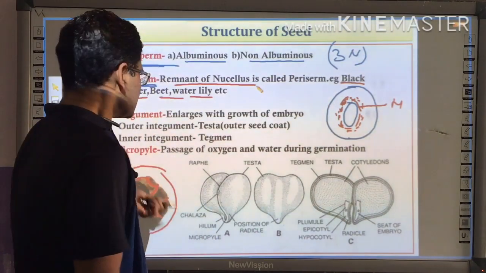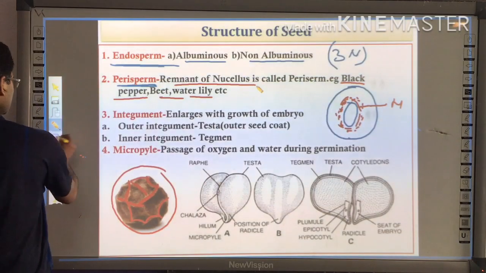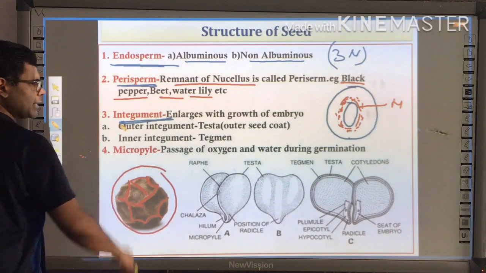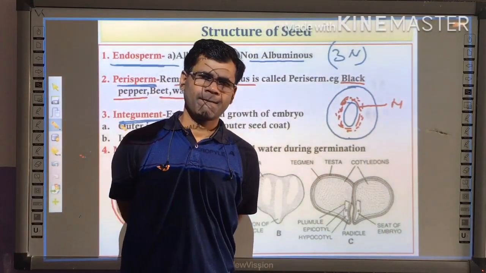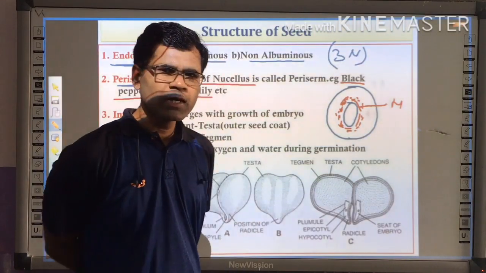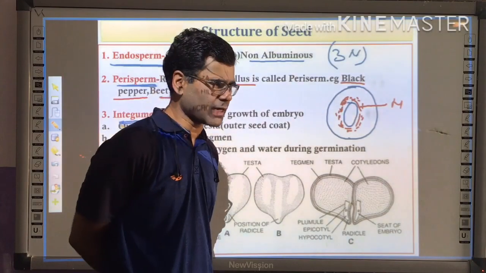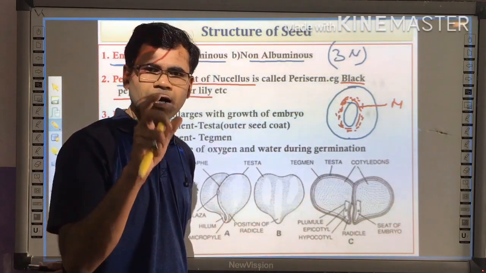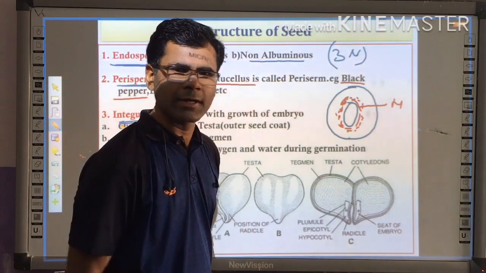Next important part that I was discussing is the integument. Talking about the integument, it is the external layer. In an ovary with bitegmic ovules, as we have studied, there are two integuments, called the outer integument and the inner integument.